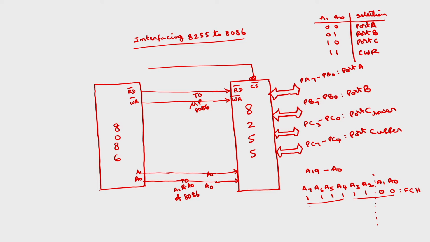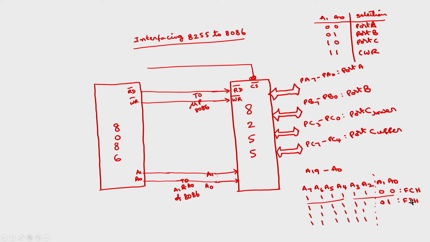And if I want to select port B, this I am going to fix for all the ports as all ones. Now what is different is A1, A0. For 0 0 you are getting the FC address, so this will be the address of port A. For 0 1, the corresponding hexadecimal is FDH.